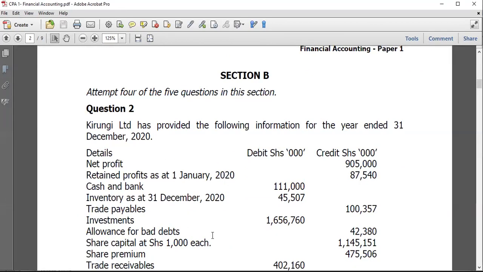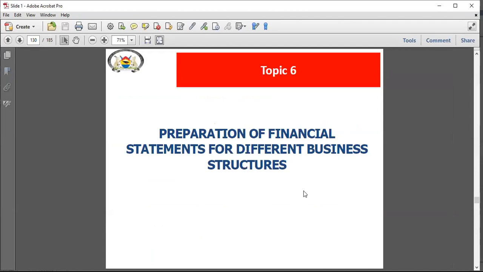Of course, one of the things that you need to understand is that we have what we call different business entities. And these different business entities have different ways of how they prepare their financial statements.